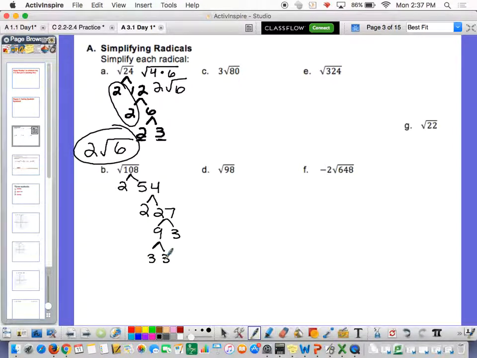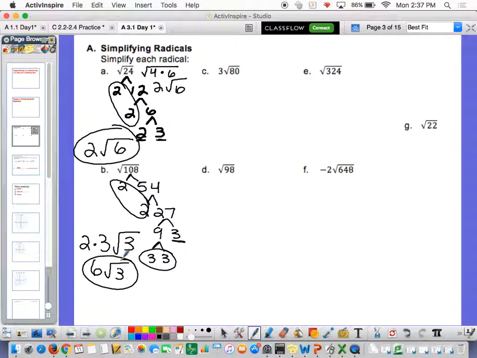So we're looking for pairs of things. There's a pair of 2s. There's a pair of 3s. So you can pull both of them out. You've got a 2 and a 3. And what's left underneath the radical is whatever doesn't have a buddy. And 3 doesn't have a buddy. So there we go. And then we, of course, have to simplify. 2 times 3 is 6. And then you're still left with the square root of 3.